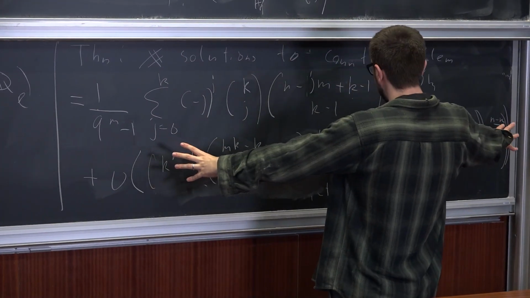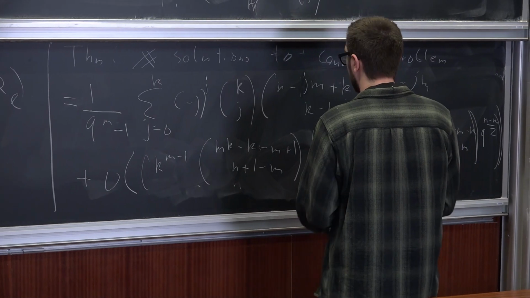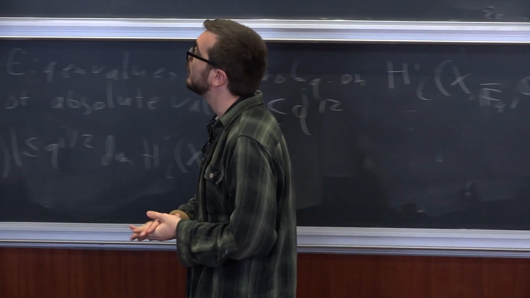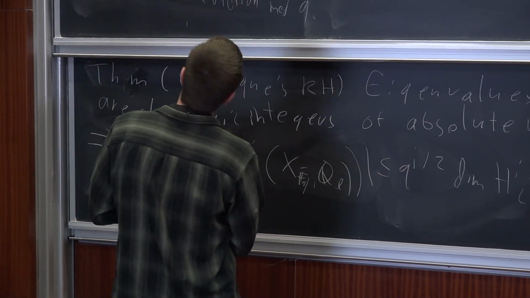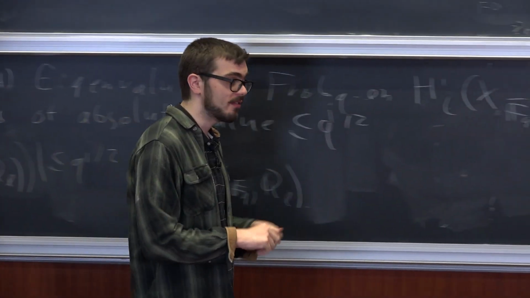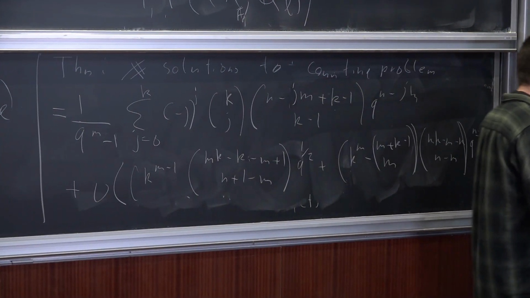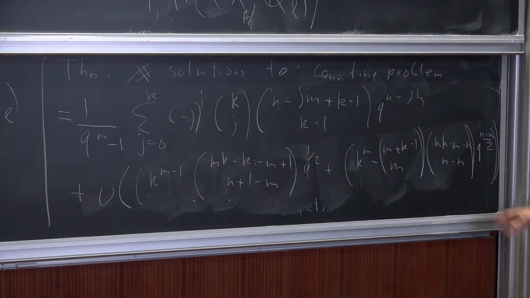Everything else is an error, inside of a big O. So the rough form of the main term is q to the n minus m. There's m equations and n variables, so roughly we have n minus m free variables. The expected form is q to the n minus m.